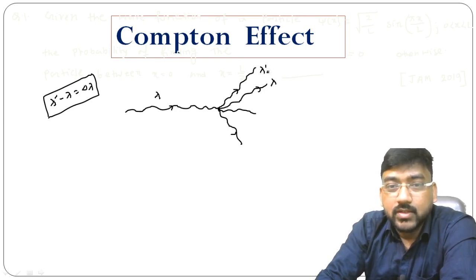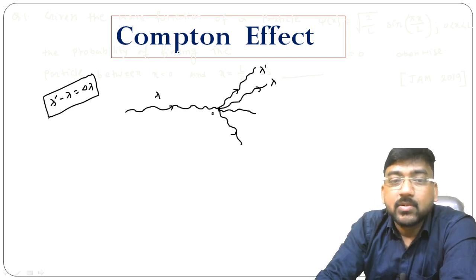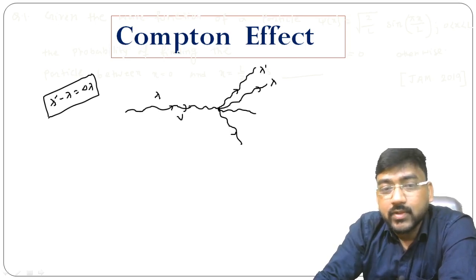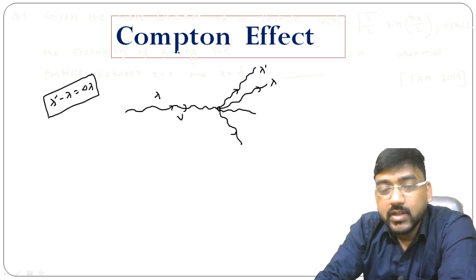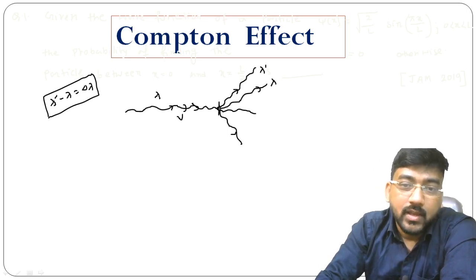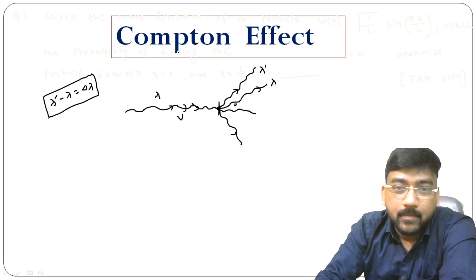According to classical electromagnetic theory, if the frequency of the incident photon is nu, then the electric field of this electromagnetic radiation falls on the electron, so the electron will oscillate with the same frequency as the incident radiation, and it will emit electromagnetic radiation of the same frequency.